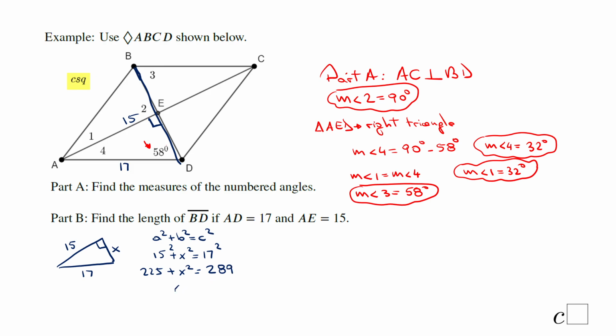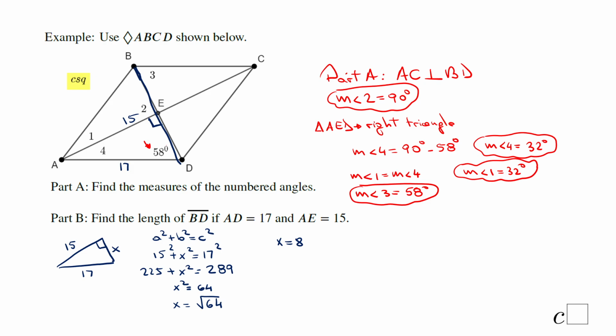So we have x squared equals 64 if we subtract 225 from each side. So x will be the square root of 64, and since this is geometry, we don't need plus and minus, just the positive one. So x equals 8. Remember, the x means ED, right?